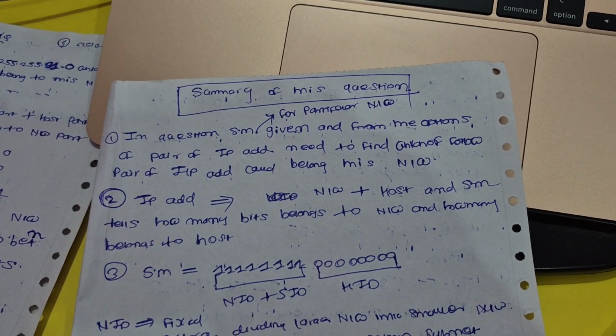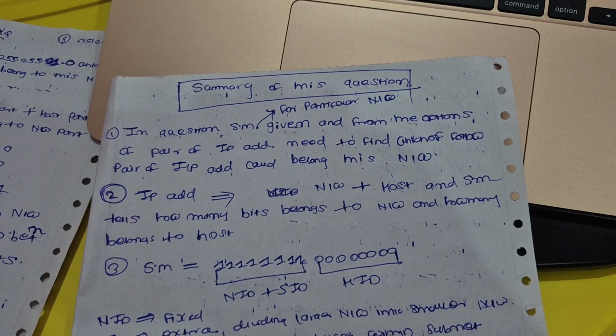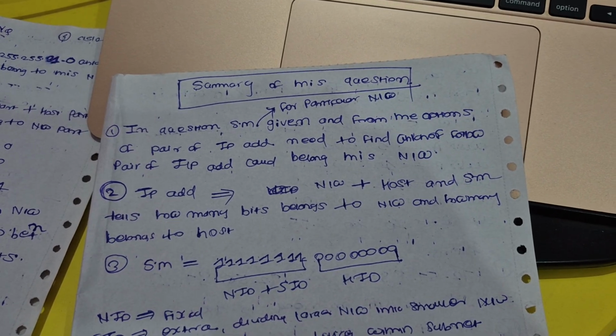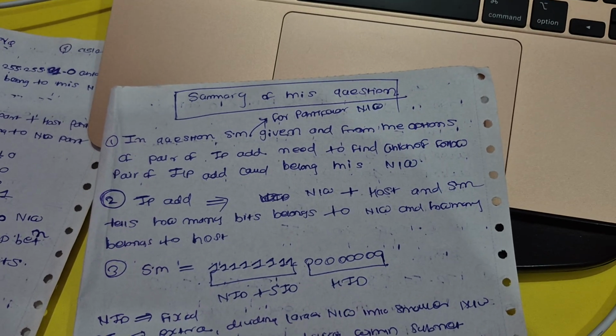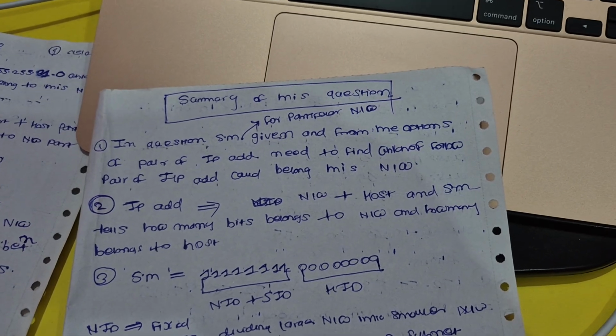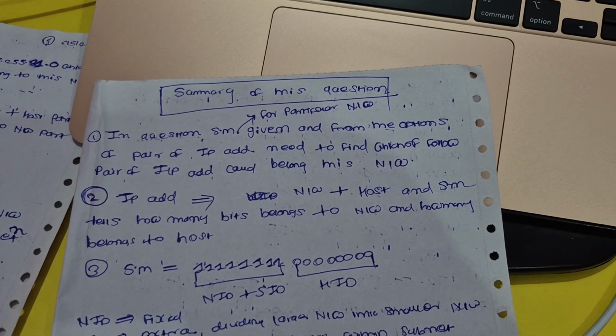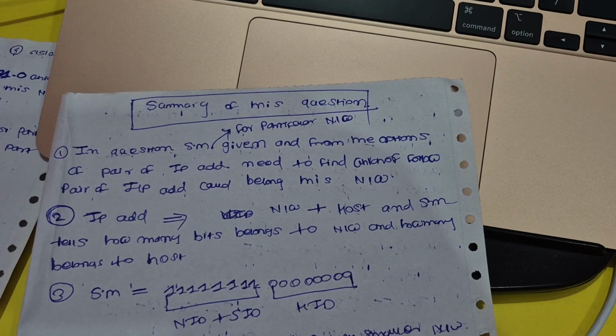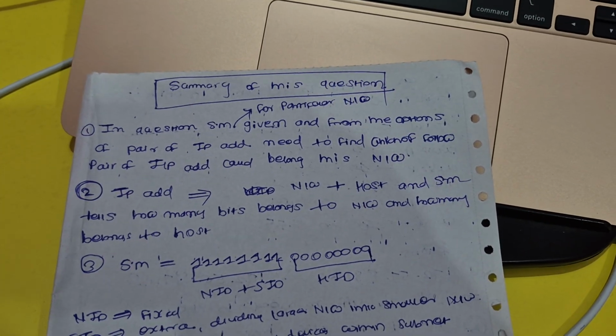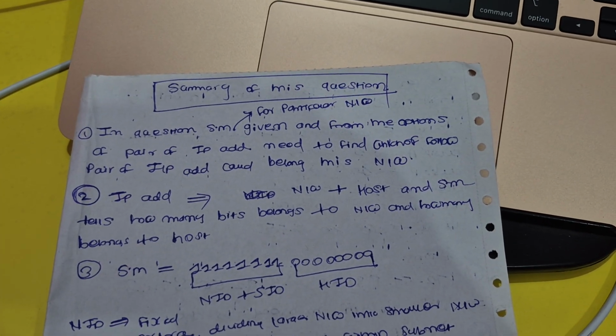First thing, starting from the very basics: what is an IP address? An IP address is a combination of network and host, a total of 32 bits.